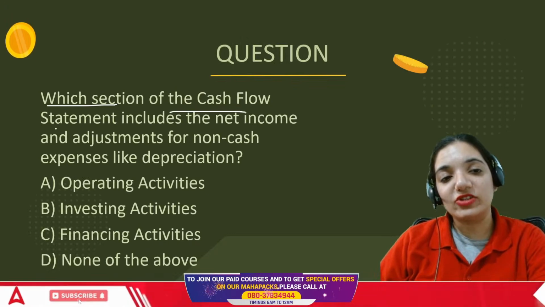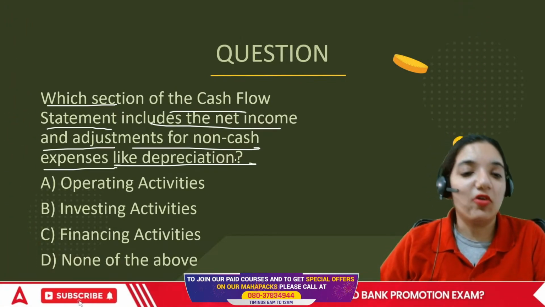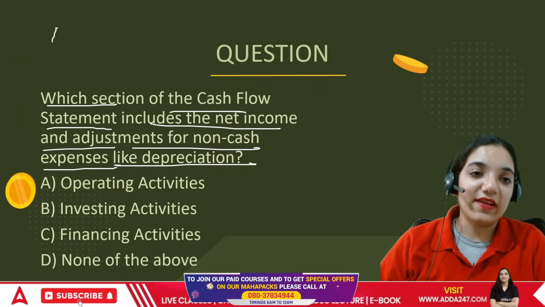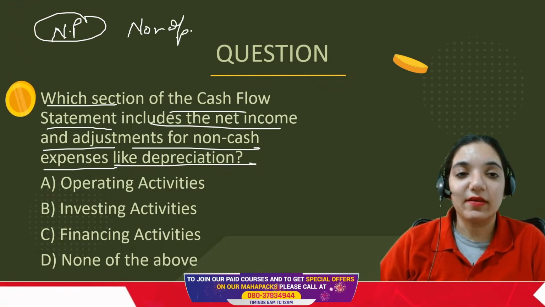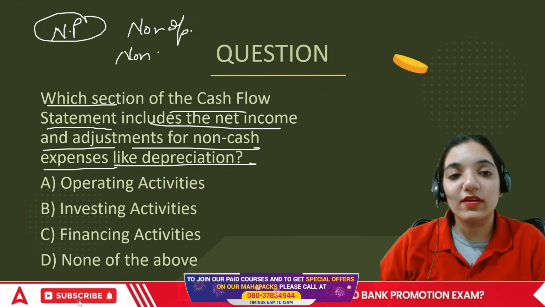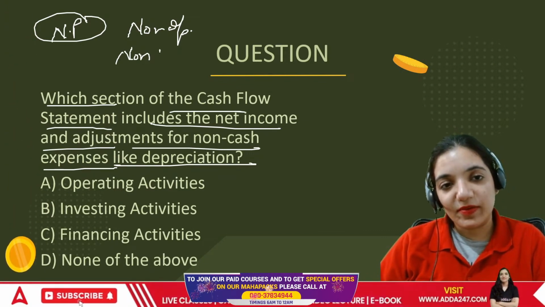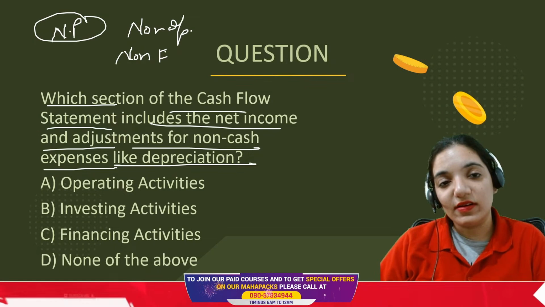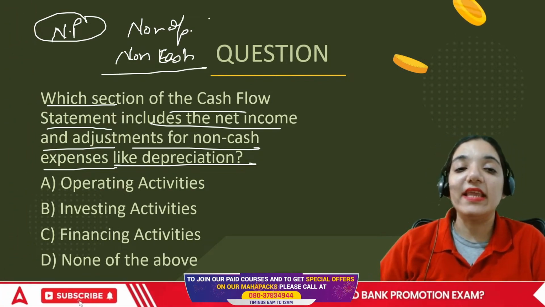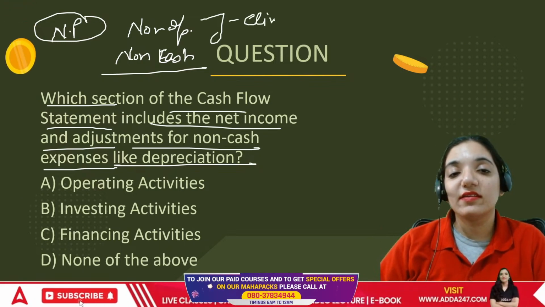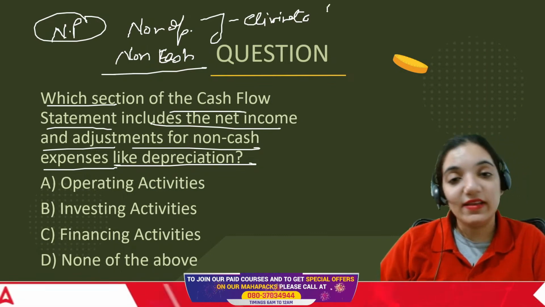Which section of the cash flow statement includes net income and adjustment of non-cash expenses like depreciation? First of all, they find the net profit and adjust it for non-operating items and non-cash items. For both these kinds of things, they have to eliminate their effect. If it's a non-operating income, remove it by subtracting it.